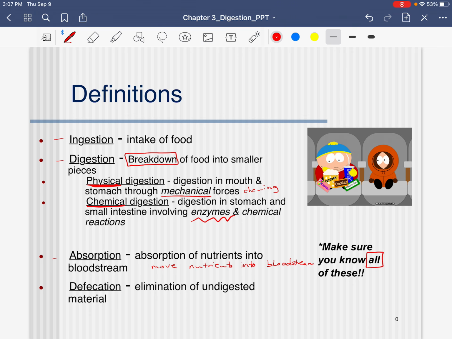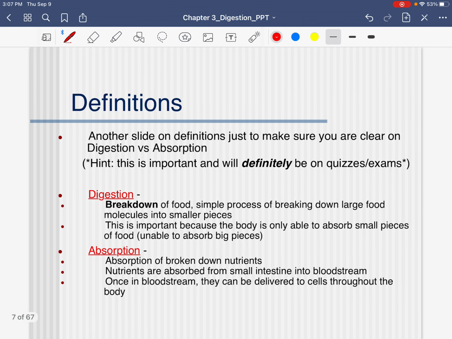And then, of course, when we're all said and done, we have some waste products. We have some undigestible foods. All of those have to be defecated or removed, eliminated as waste. So make sure you can define each of these.